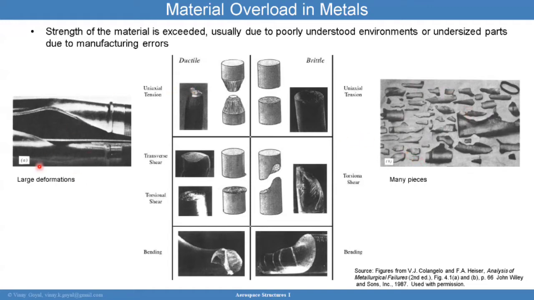On the very left-hand side, I have large deformation occurring with a clean crack. In this scenario, we call this a ductile failure. Here, on the left-hand side, I'm covering ductile failures. In the next column over, I'm covering brittle failures.